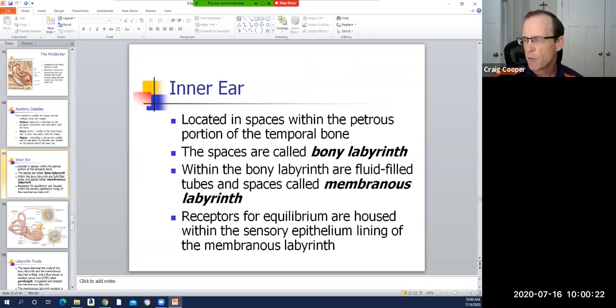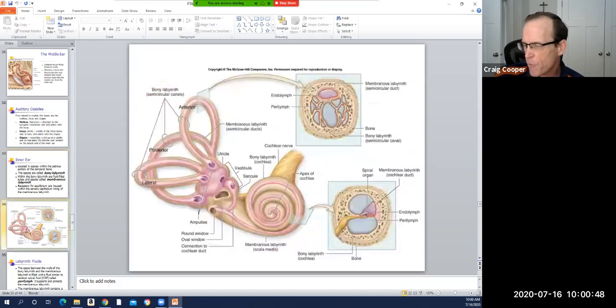We've got the bony labyrinth and the membranous labyrinth. The bony labyrinth is the structural bony part of the skull where all these structures are housed. The membranous labyrinth is where we have the receptors that help us interpret either motion, if we're talking about the vestibular portion, or sound waves, if we're talking about the cochlear portion. So those two labyrinths are pretty important.